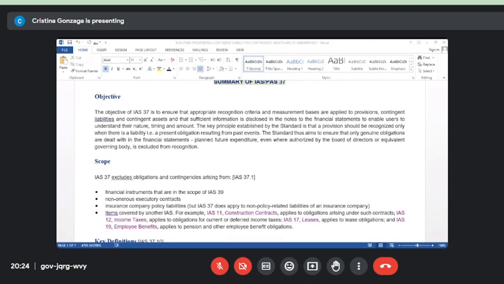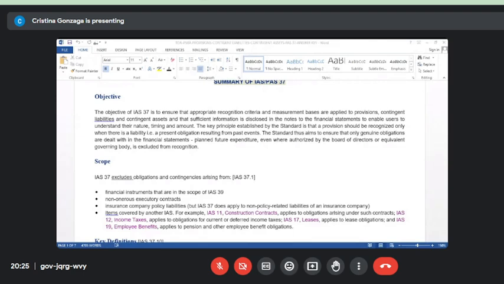Okay. Ngayon, meron din tayong tinatawag na mga legal provision, no? Okay, so in the case of pending or threatened litigation, yung mga kaso or yung mga legal cases na ang decision of the court is still hanging.